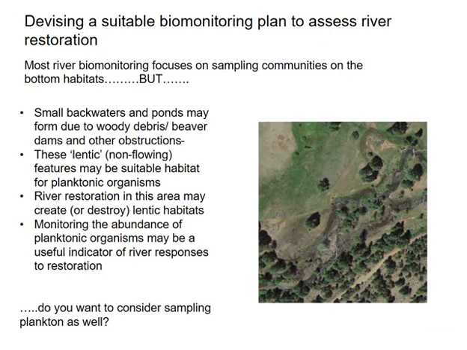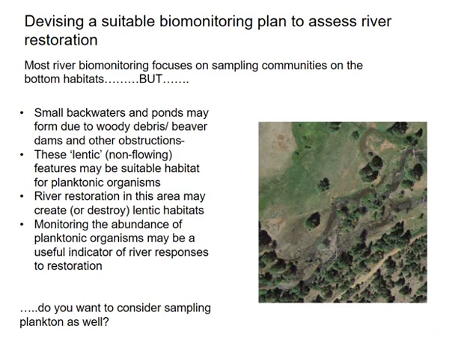But one thing that we were thinking through when planning a monitoring program here is that there are quite a few small backwaters and ponds probably in these areas that develop in the restored reaches, right? So when you've got restored reaches, you're leaving in the woody debris that can impede some of the water flow. You might get beavers creating dams.